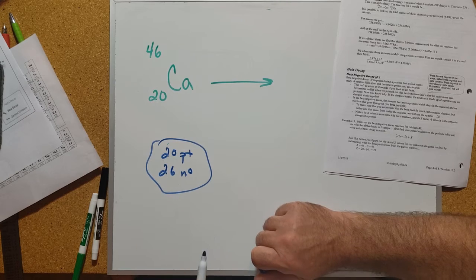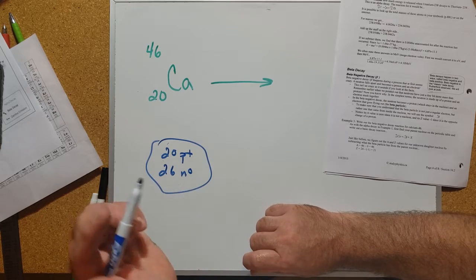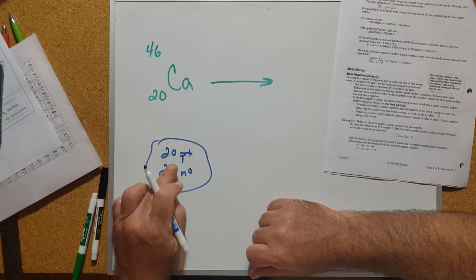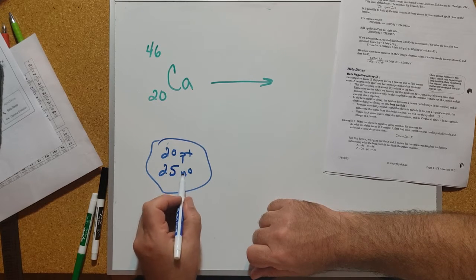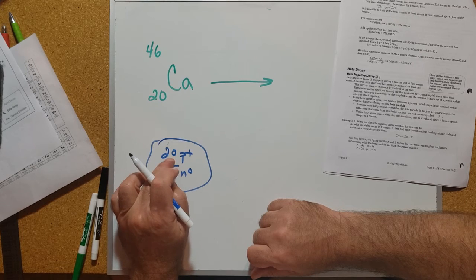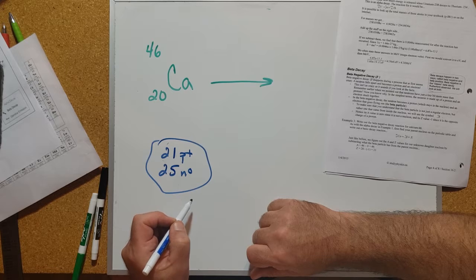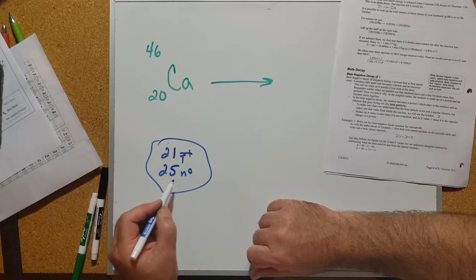Now when beta negative decay happens, one of the 26 neutrons is changed into a proton. So we cut down our neutrons from 26 to 25, and the proton count goes from 20 to 21. As we can see, the total number of particles in the nucleus remains constant.